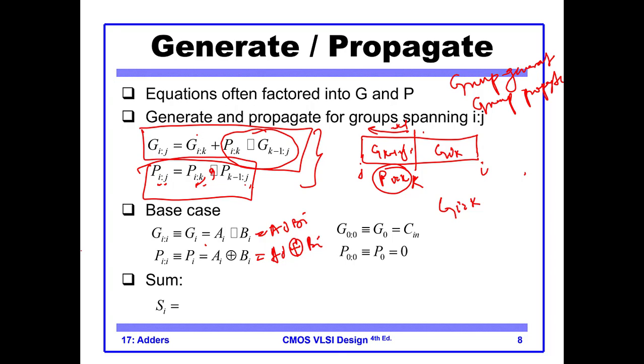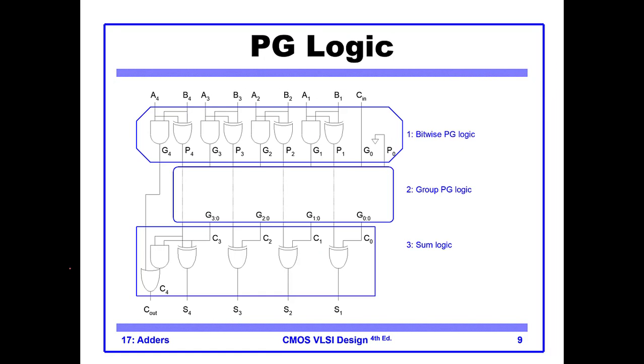And G of 0 is equal to Cn, and P of 0 is equal to 0. So the equation for sum is: sum of I is equal to Pi exclusive OR G of I minus 1 down to 0. So this is the equation for sum.